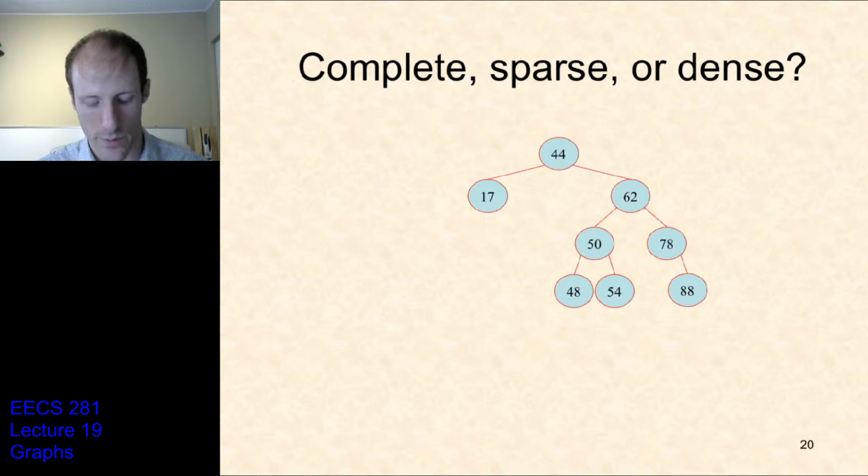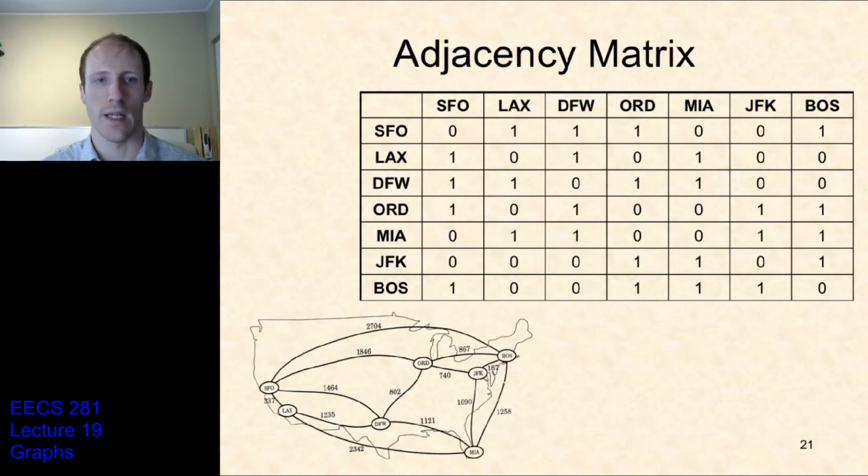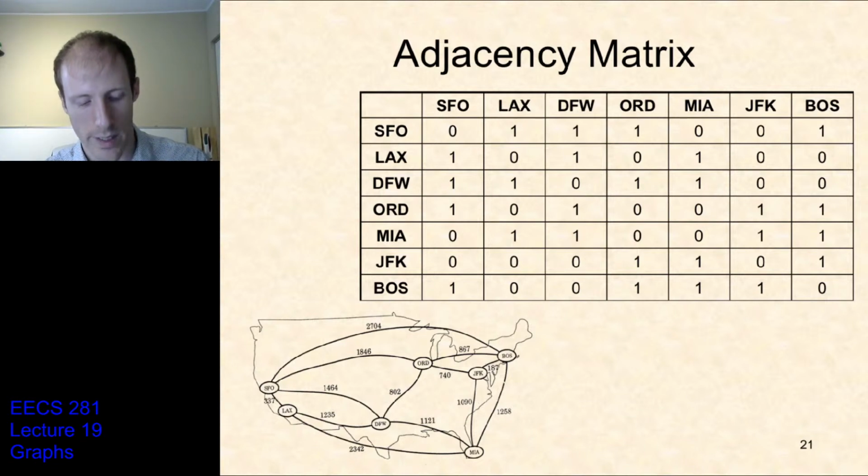All right, so let's look at how we would represent a graph in memory. So the first is the adjacency matrix, which remember we're going to use for dense graphs. And in the adjacency matrix, we're going to have all of our vertices along the rows, and also along the columns.